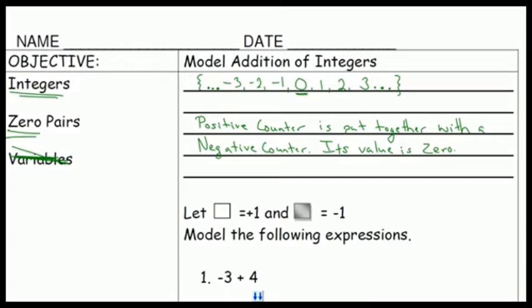So that means that if you put a positive counter, which ends up being one of these unshaded, and you put a negative counter together, or group them together, a positive and a negative, you end up with a zero pair. The value is 0. This is what a zero pair looks like right here, a positive and a negative. They cancel each other out. That's what they're called, zero pairs, because they're worth nothing.